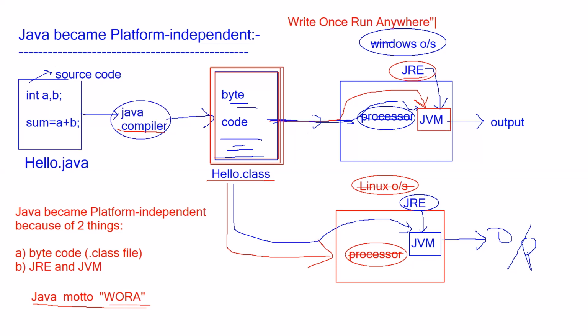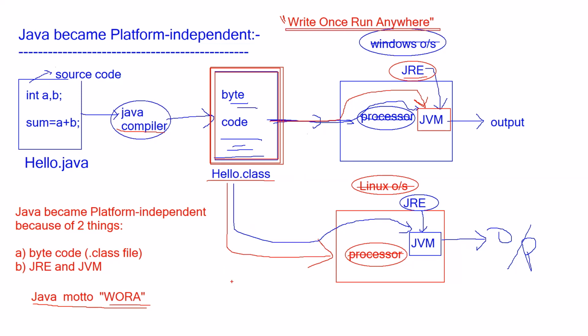So this is the Java motto. And how did it become possible? Because of the bytecode and the JVM. Because of the bytecode and the JVM, Java became a platform independent programming language.